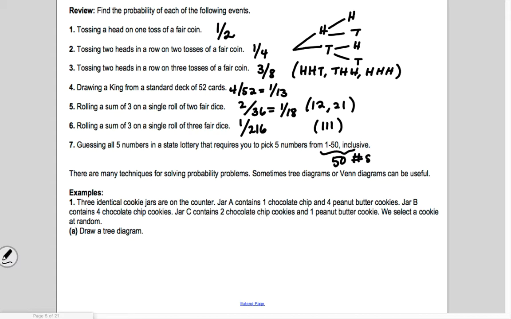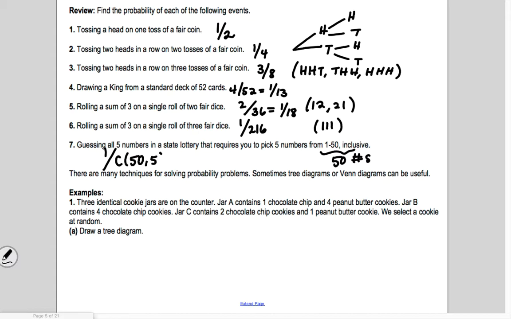How many winners are there that get all of them right? Well, there could be more than one winner, right? But how many winning tickets are there? But still, I'm saying the same thing, aren't I? There's only one way to have that winning set of numbers, right? Out of how many? How do I find it?